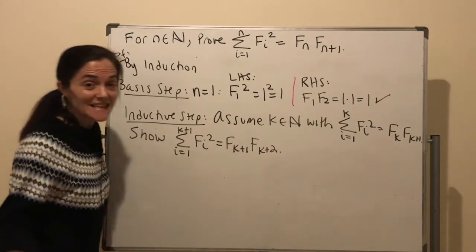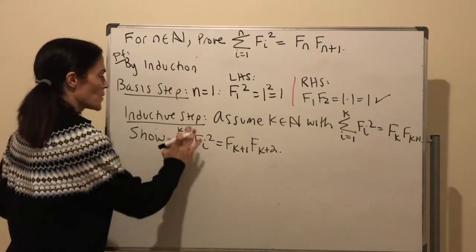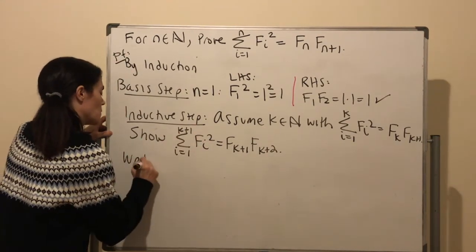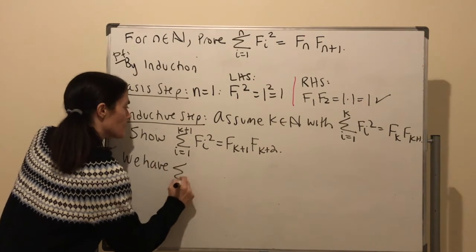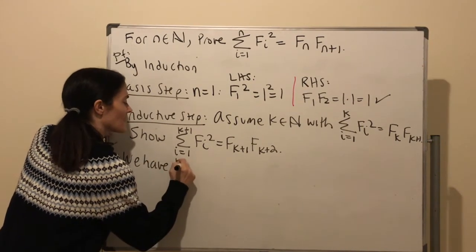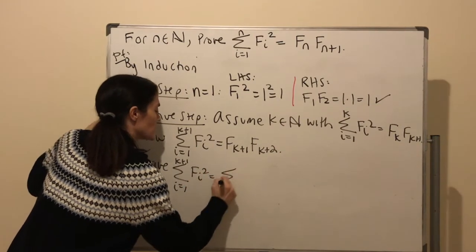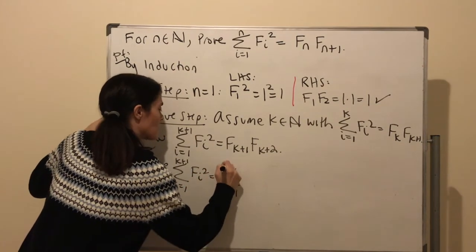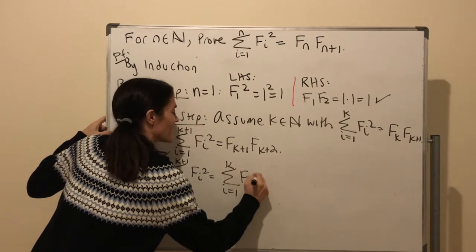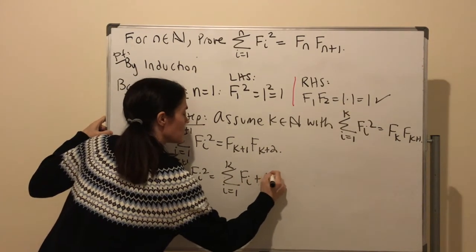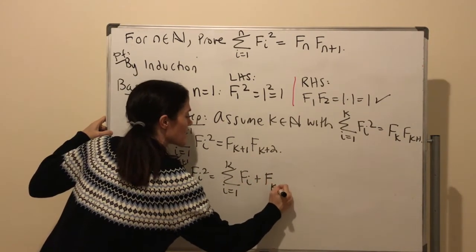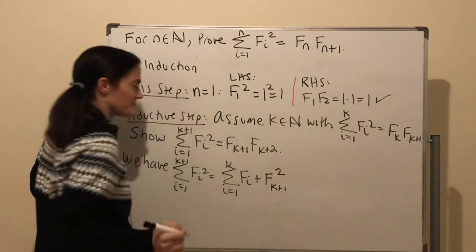Now this begins very much like the last one, where we write the sum of the first k+1 as the sum of the first k plus this. This will be f_{k+1} squared.